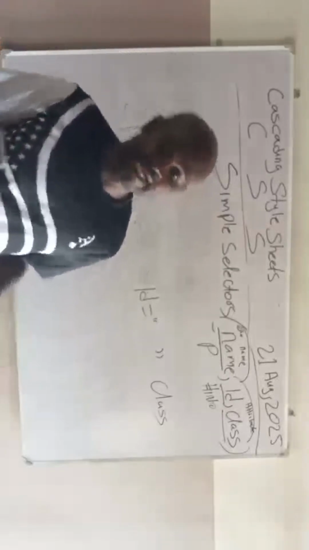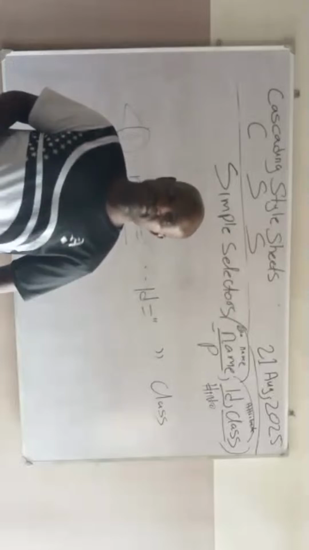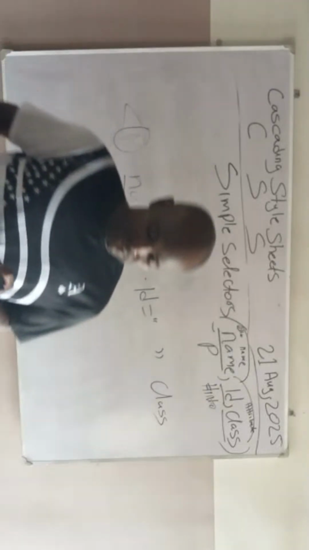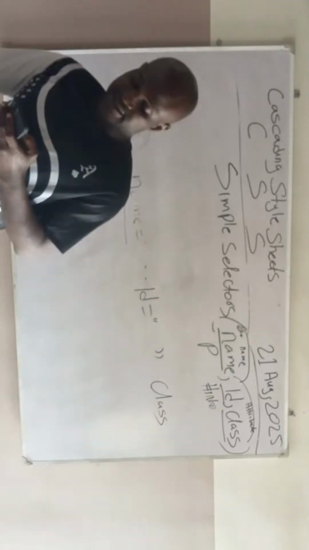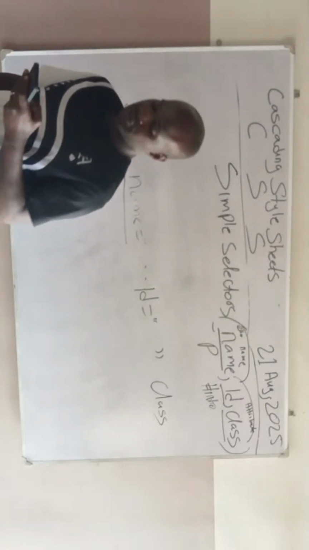I cannot say I'm in my own class, you must be in the same class. If I'm standing alone, I'll identify with what? ID. But if you are identifying for a group, use what? Class.